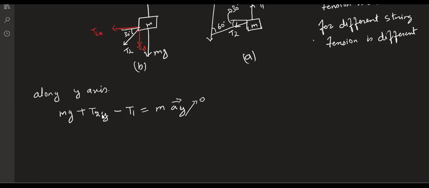Have you ever seen a stone getting pulled up when it is attached to a string? No, right? So tension will always stop the motion in the downward direction, but it will never be more than mg unless there is any other force.